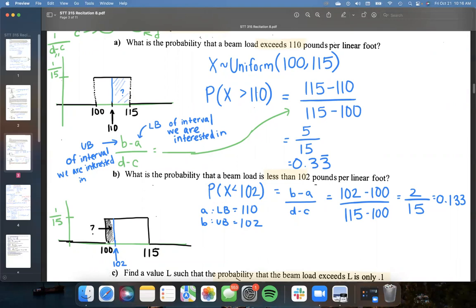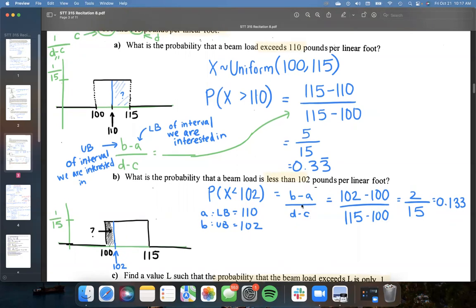So it's from 100 to 115. The height is 1/15. And so now we're interested in the probability that the beam load is less than 102. So we're interested in the shaded area from 100 to 102.